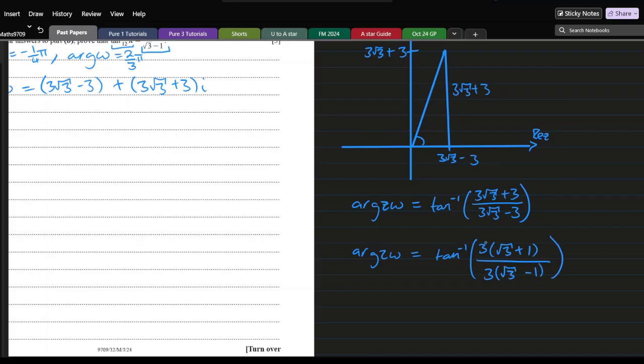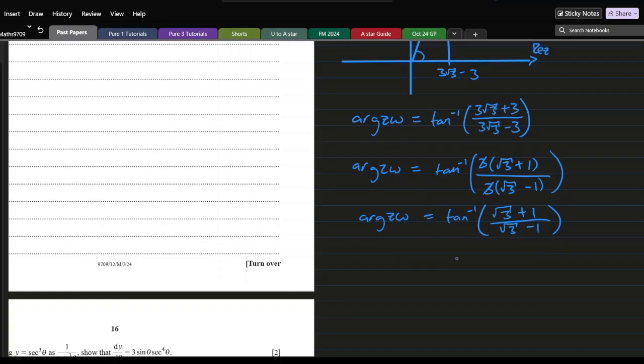And so these 3's cancel out, and so arg z omega is equal to arctan of root 3 plus 1 over root 3 minus 1. And so we can apply tan on both sides, so that this becomes tan of arg z omega is equal to root 3 plus 1 over root 3 minus 1.